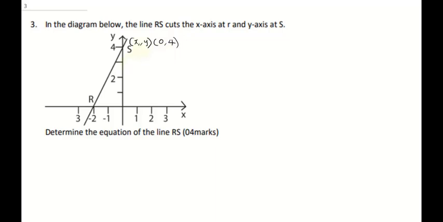So let's call this x1 and y1. At this point, we'll call this x2, y2, and this is going to be at x is minus 2 and y is 0. So for us to determine the equation of the line, you know that the equation of a line is y is equal to mx plus c, where m is our slope.